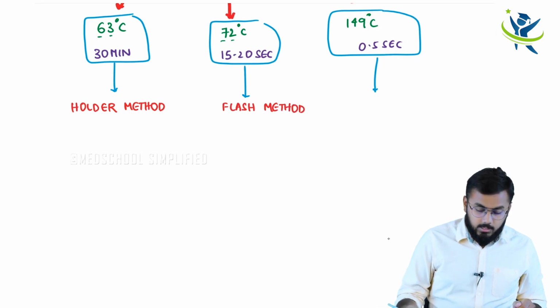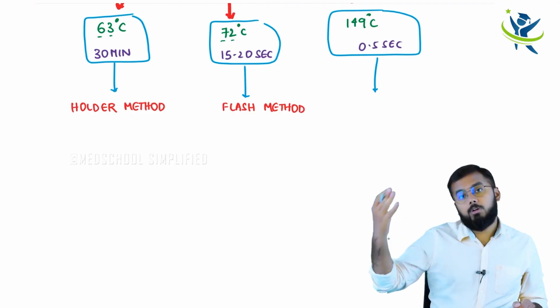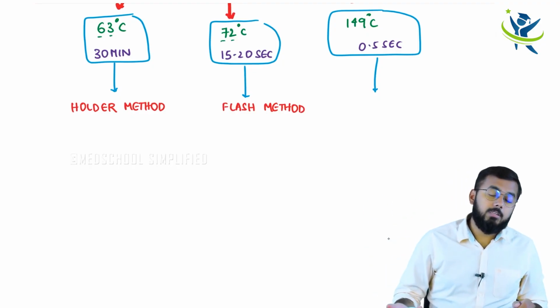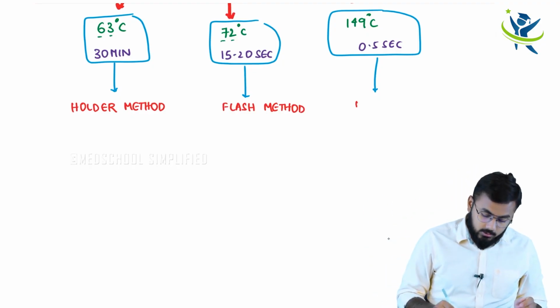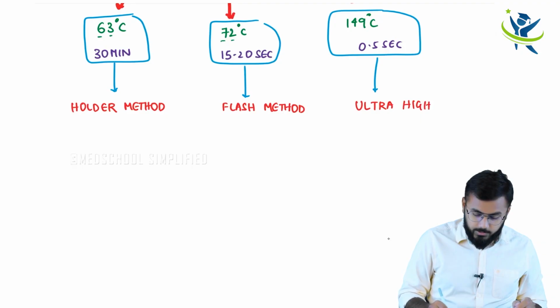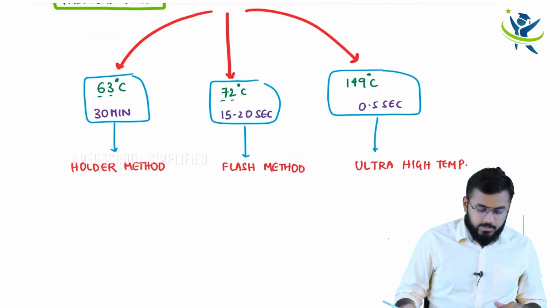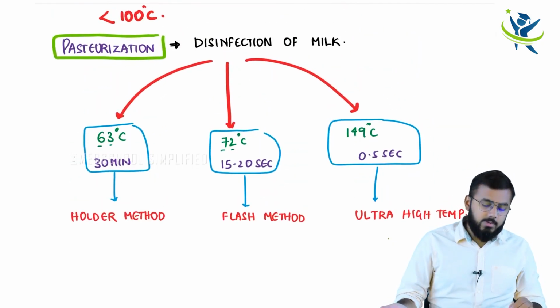And the third one is you are increasing it to 149 degrees centigrade, where the temperature is too high, right? So this is called the ultra high temperature method. So these are the three ways through which you can disinfect the milk.